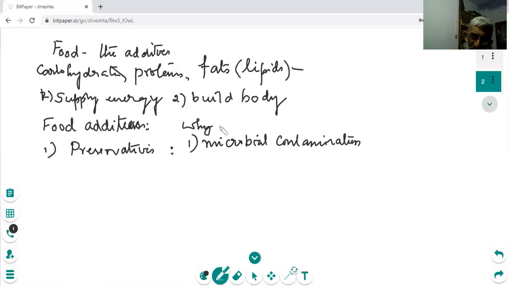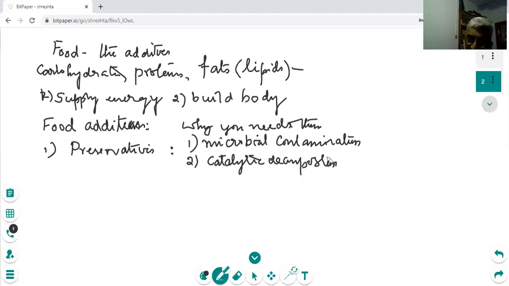So why do you need them? The answer is one, microbial contamination. Number two, catalytic decomposition of the food material.